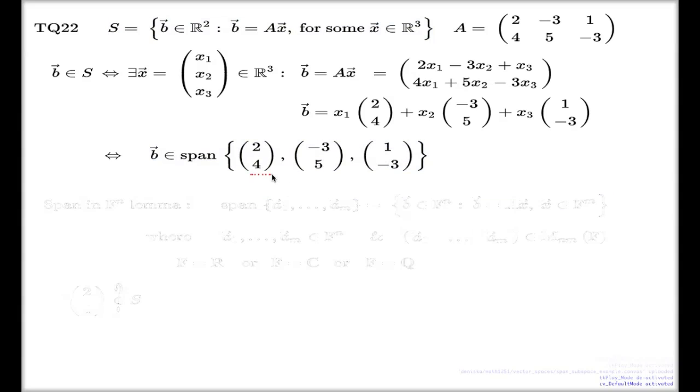And the connection of these vectors to my original matrix A is that these are the column vectors of my matrix A. Because we know from the previous slide that a span is a subspace, S is also a subspace, by reference to the span lemma.